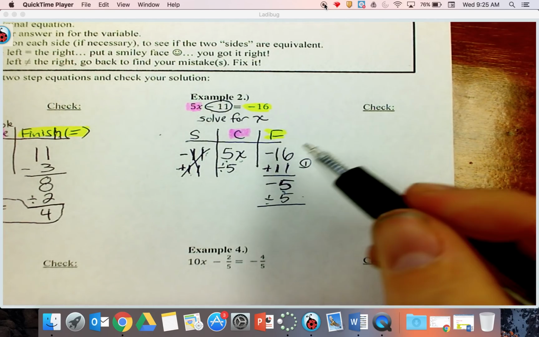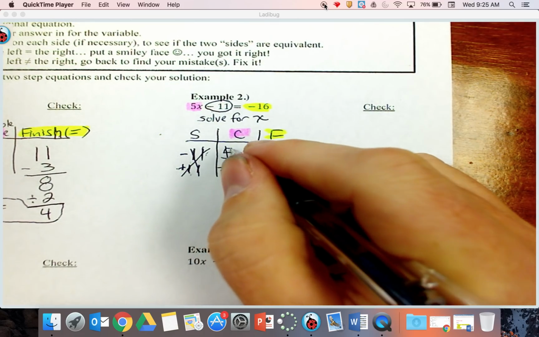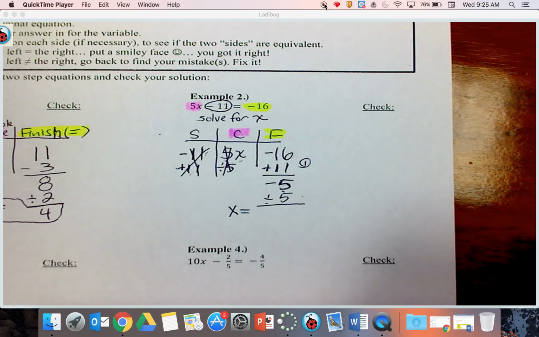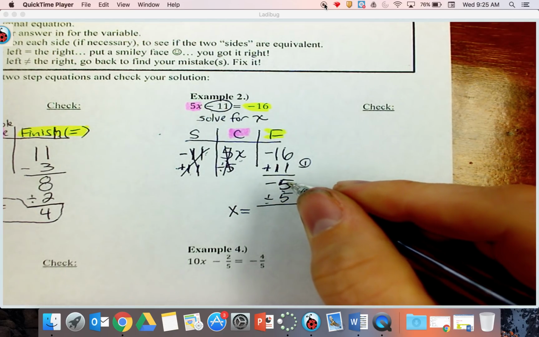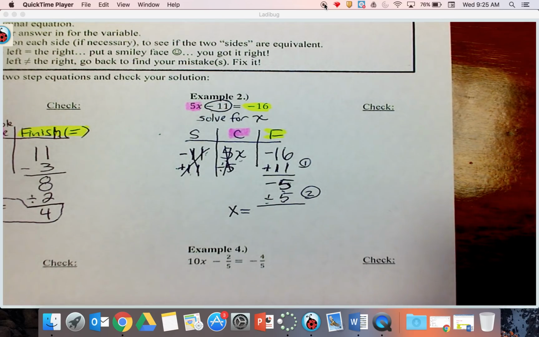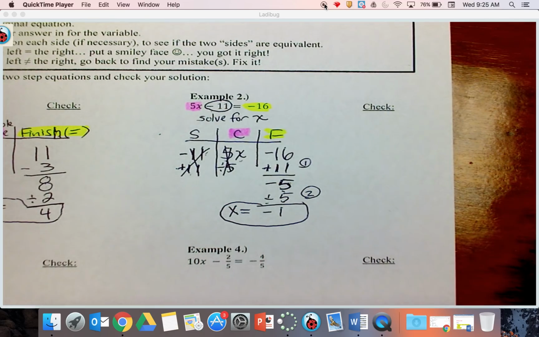I'm dividing by the coefficient 5. 5 divided by 5 is 1. So you're left with the x, what I wanted. And then I just do this part. This is my second step. Negative 5 divided by 5 just gives me negative 1. And I'm done with that question. Simple as that. So my answer there would be x is equal to negative 1. We have solved for my x value.